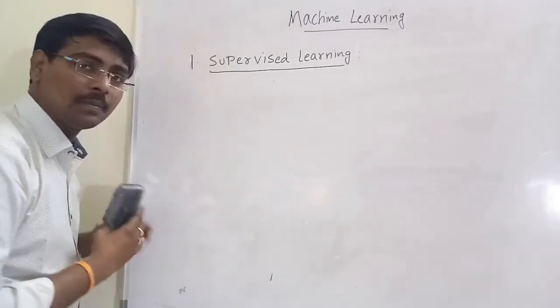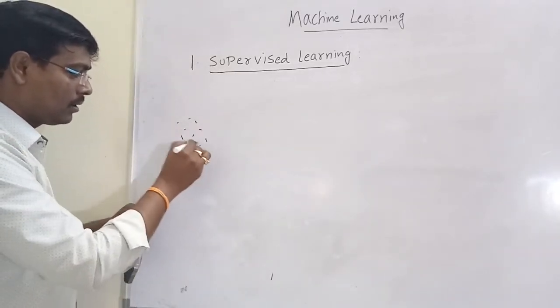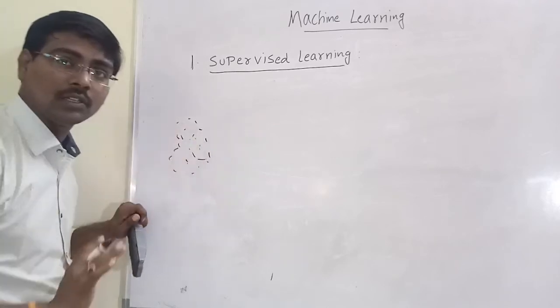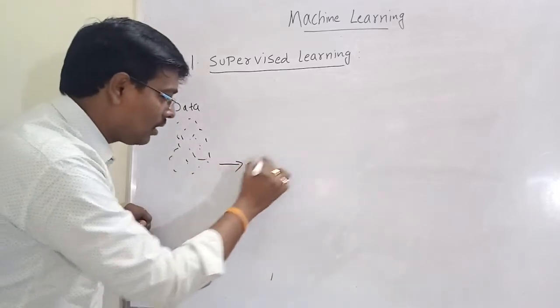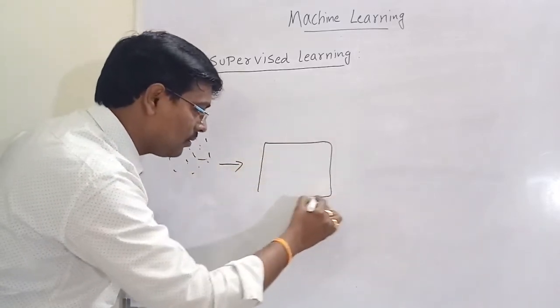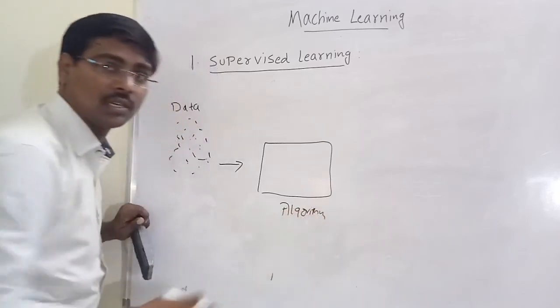What is the diagrammatic representation? We have some set of data, and this set of data is given to the algorithm. Here the algorithm is not just a set of instructions.